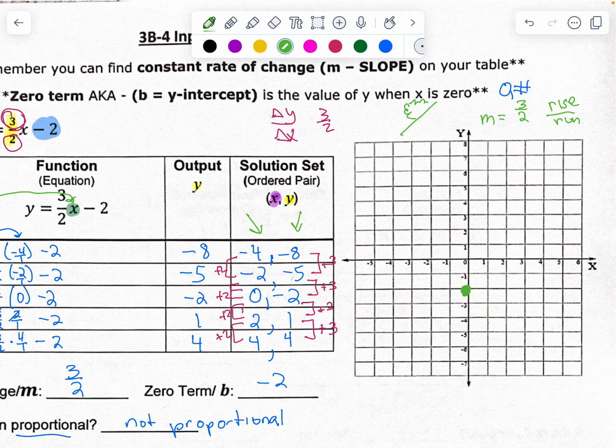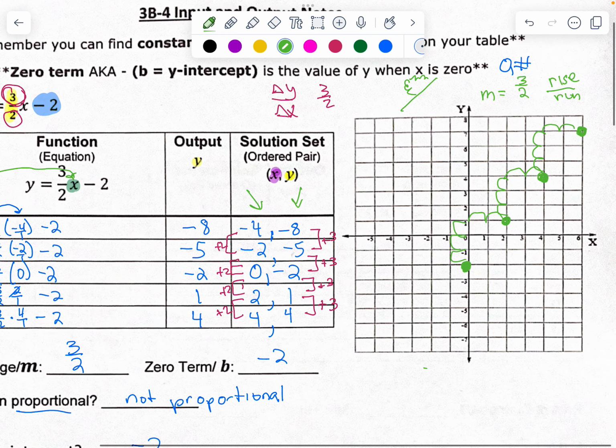So I'm going to count up 3, 1, 2, 3, and then count over 2 and put a dot. And then I'm going to do it again. 1, 2, 3, 1, 2, and put a dot. And I'm going to go 1, 2, 3, 1, 2, and put a dot.